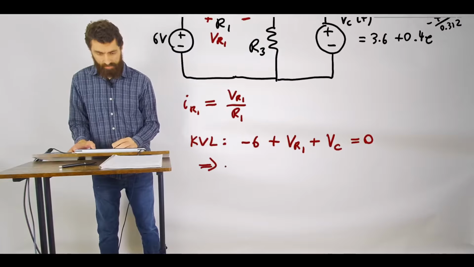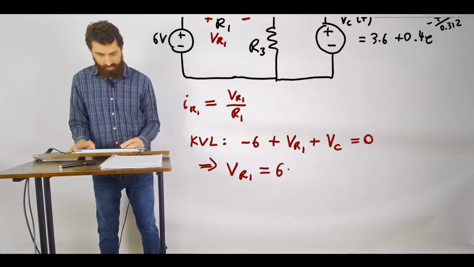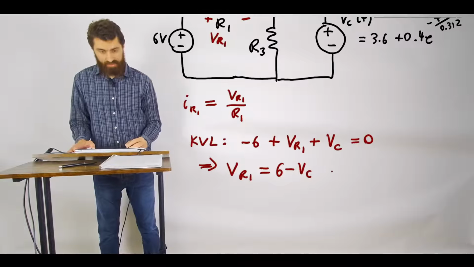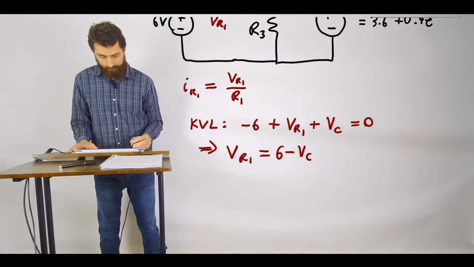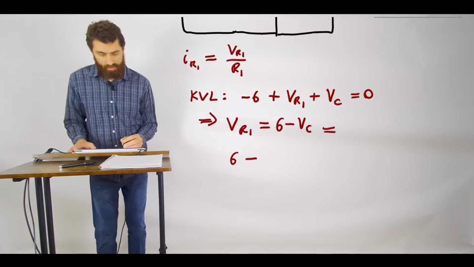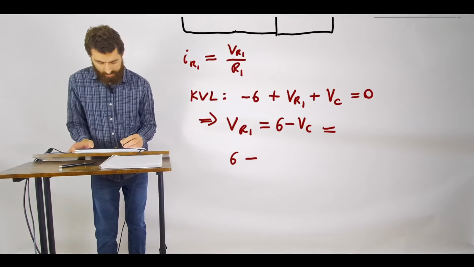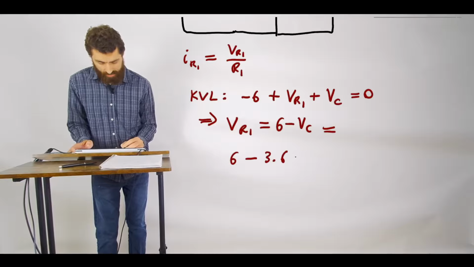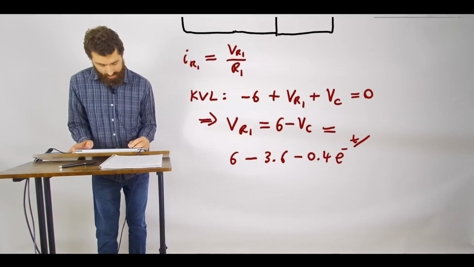Then we can solve for VR1. That's equal to 6 minus Vc. Plugging in the Vc value we calculated, it's 6 minus 3.6 minus 0.4 e to the minus t over tau.